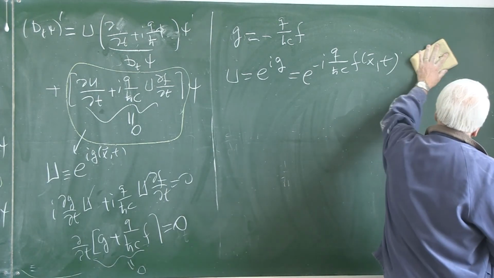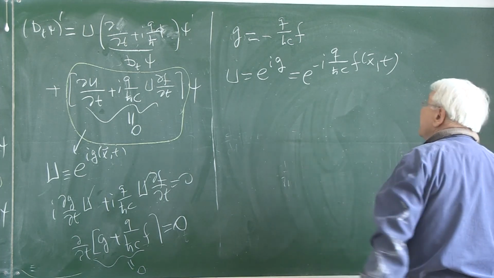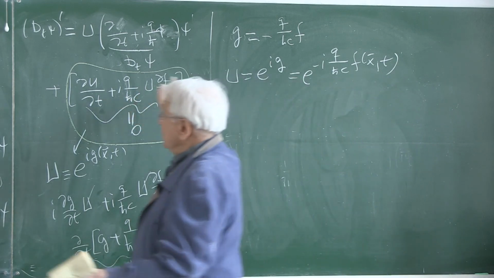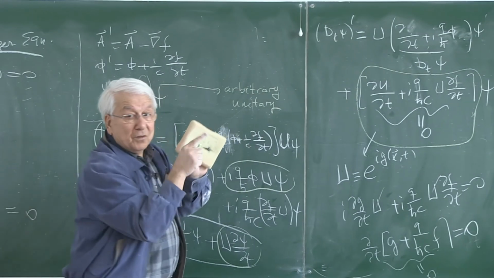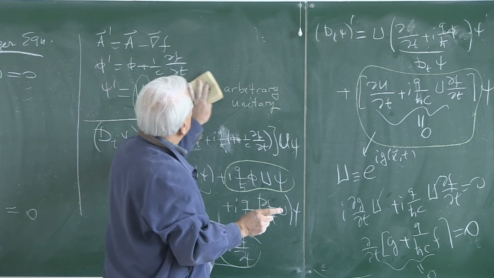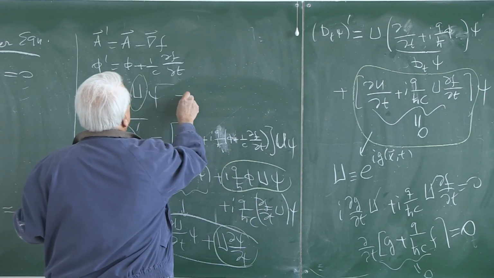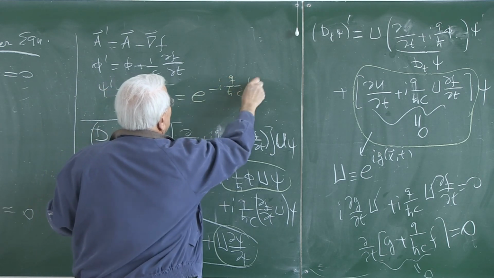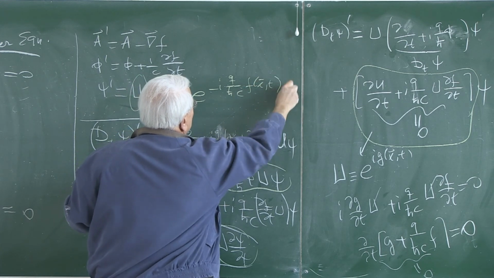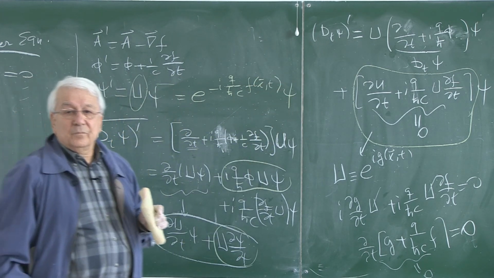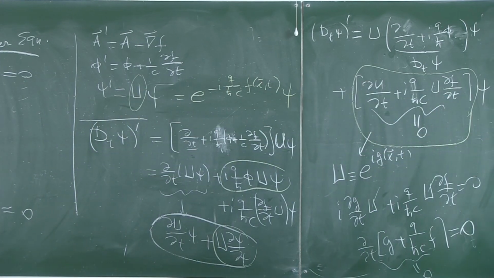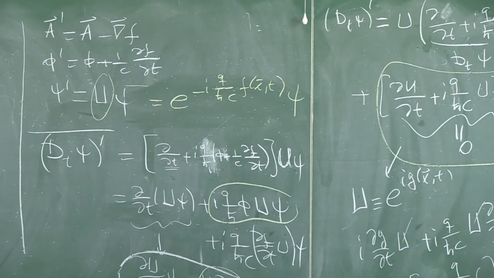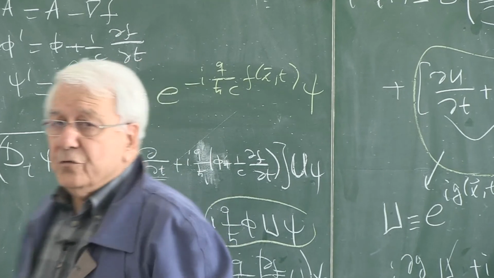So there are so many things that this important observation buys. Let me copy that result in here, because it was arbitrary unitary, now it's determined. You use a new line, please. I will add in here e to the minus i q over h bar c f of x,t times psi. Under the simultaneous transformation of all the fields and the wave function, you have a covariant equation. What kind of things does this buy for us?